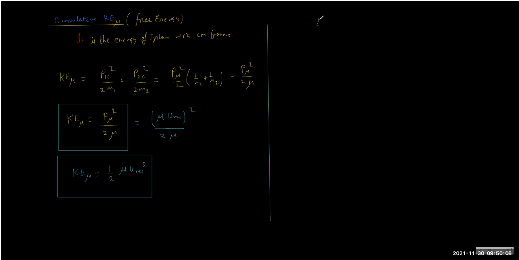So in general, if we have two particles with velocities v1 and v2, whatever is the v relative, the kinetic energy at that instant in the CM frame will be simply half mu times the magnitude of v relative squared. That's it. So if you know the velocity, this is the answer.